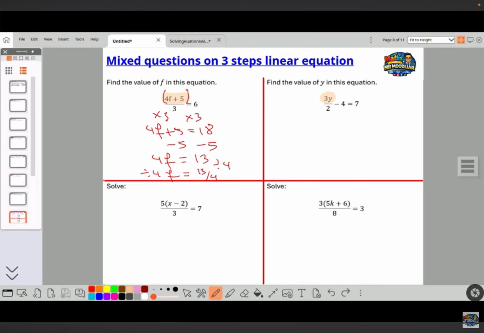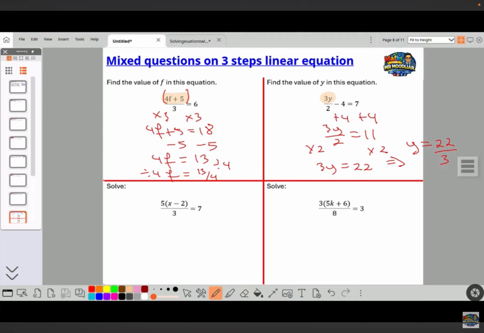So I'm going to add 4 to both sides. 3y divided by 2 equals 7 plus 4, which gives you 11. Then from there, multiply by 2, because I'm dividing by 2, so the inverse is multiplying by 2. So 3y is equal to 22. And then from there, we divide by 3, which gives you y equals 22 over 3. Then leave it as a fraction for now.